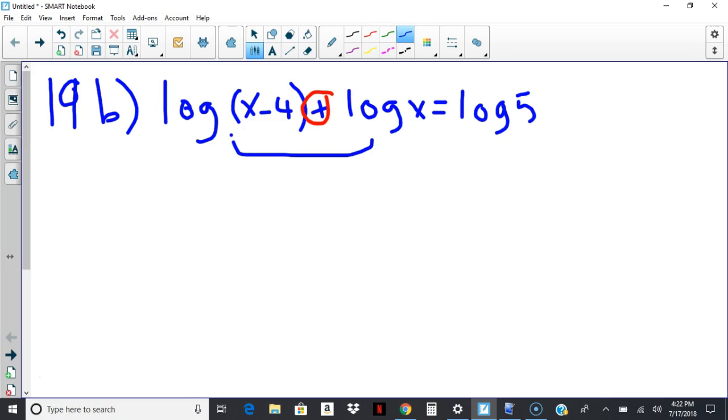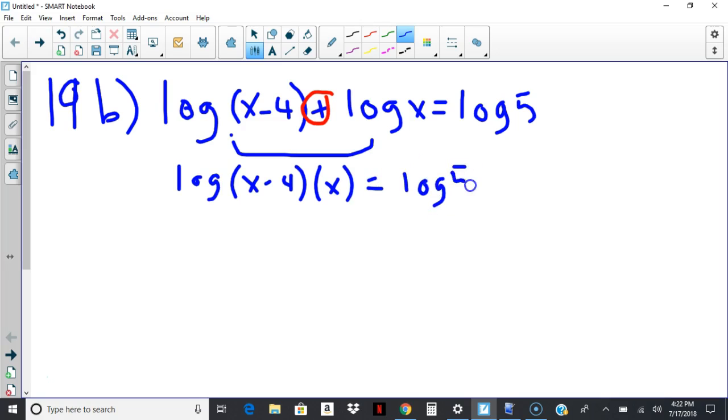So let me write that down. So we're going to have log of x minus 4 times x equals log of 5.